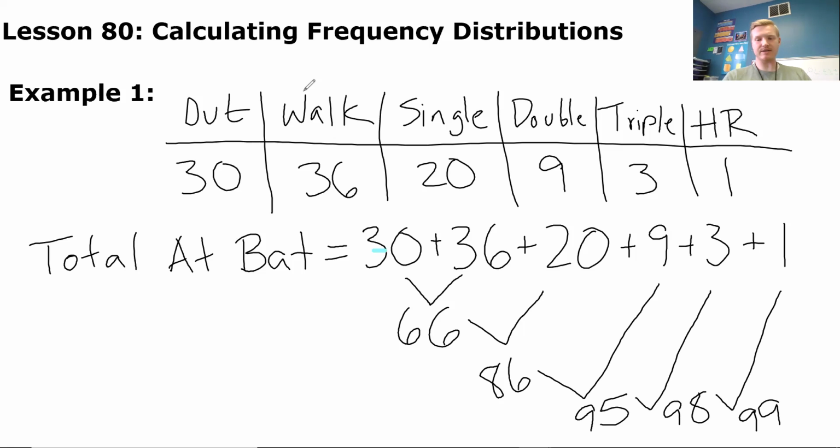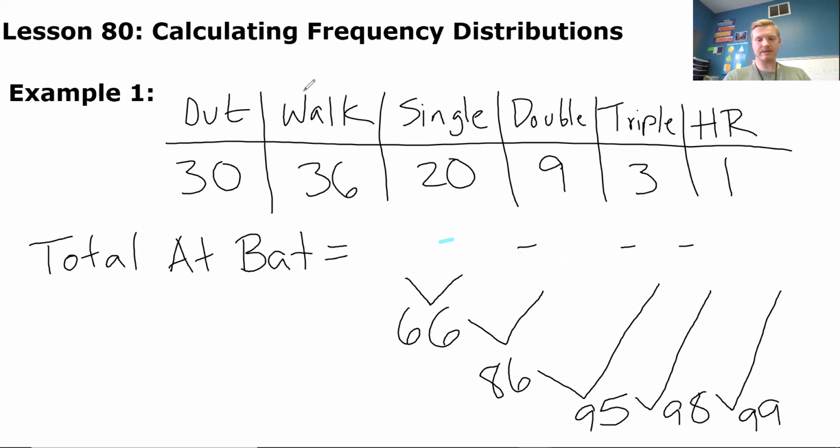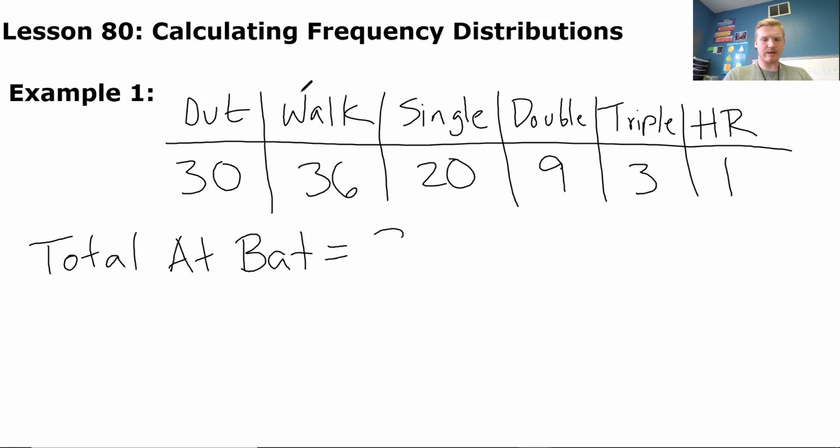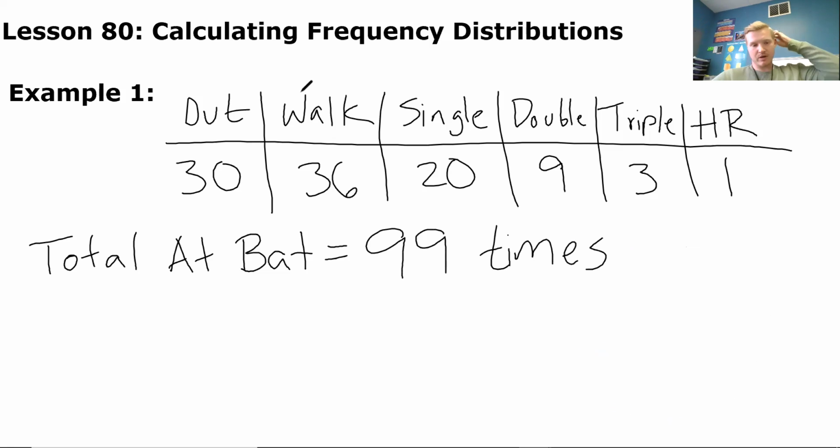I'm going to erase all this now, since I know the total at-bats, because my screen doesn't have enough room. So my total at-bats, 99 times. How are we going to find our probability of each one? Well, what I'm going to do is write P for probability.